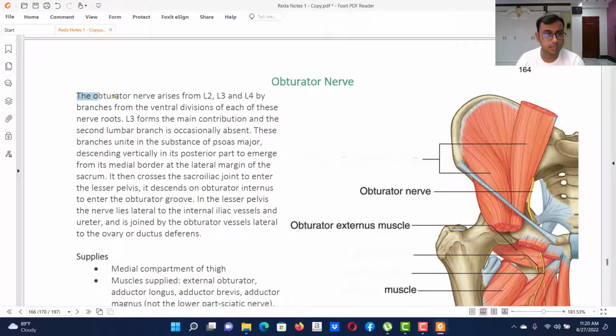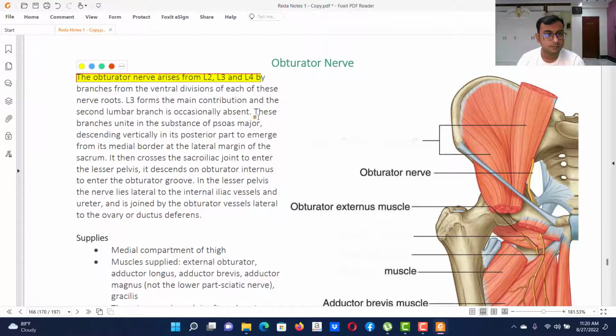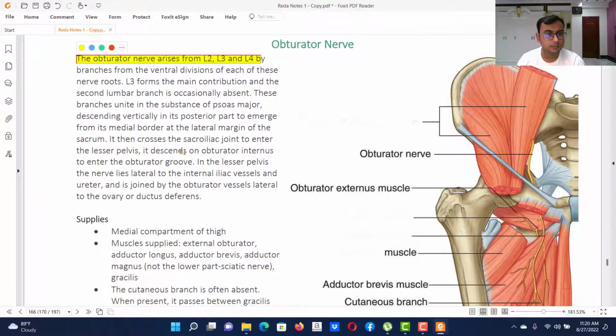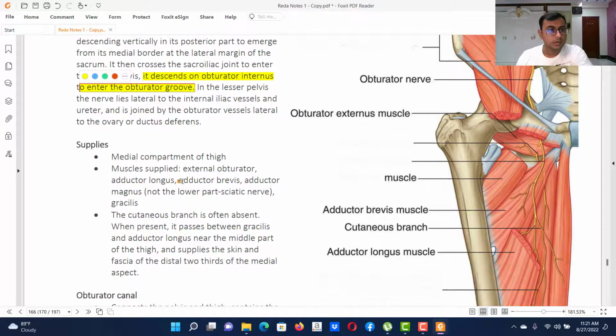Obturator nerve, same root value lumbar 2, 3, 4. It descends on the obturator internus and enters the obturator groove. It supplies the medial compartment of the thigh: the external obturator, adductor longus, adductor brevis and adductor magnus.